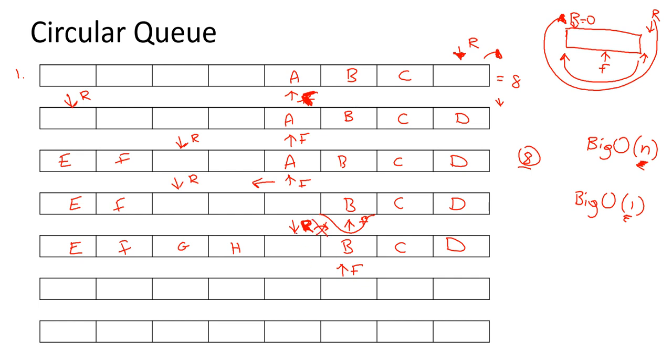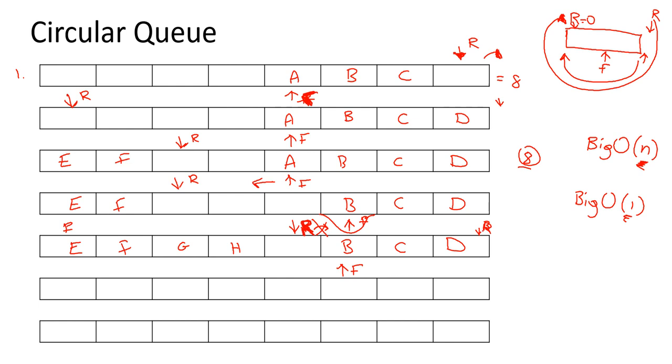So we've got to check that the rear is not 1 less than the front, or in the second special circumstance where the rear is here and the front is here, checking that the front is not 0 and the rear is not 1 less than the total size of the array.